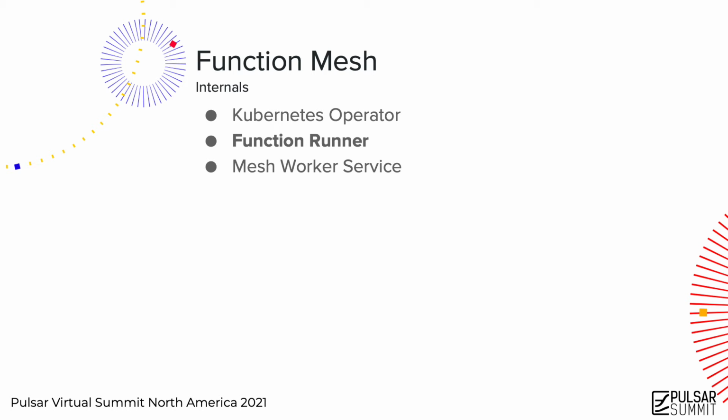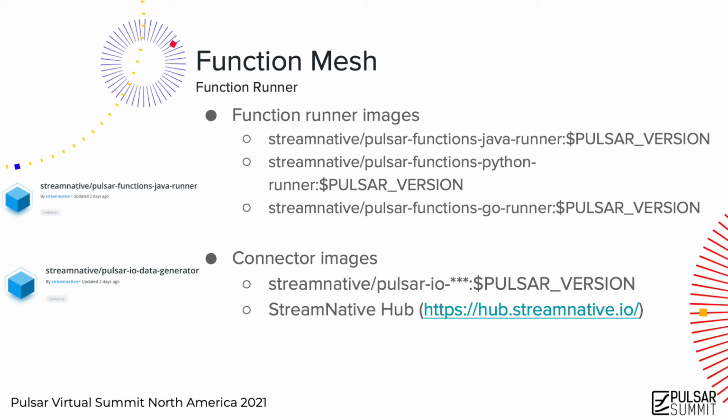Next, we will talk about the function runner. The function runner invokes the function and connector logic when receiving events from input topics and produces the result to output topics. Currently, the runners are implemented using the Pulsar function runner. Now we have a self-contained function runner based on the Pulsar function runtime.